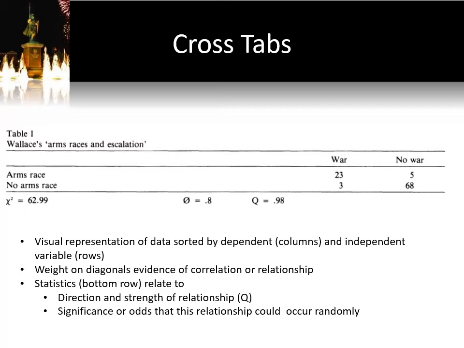But that is a measure of significance, and it basically says, what are the odds that what we're seeing could have occurred randomly? Given the number of observations and the prevalence of war, no war, and arms race, no arms race, if sorting on the rows was just random and had no relation, what are the odds we could see this?